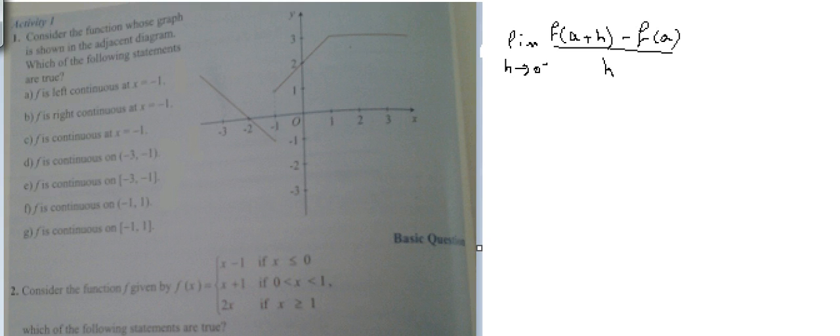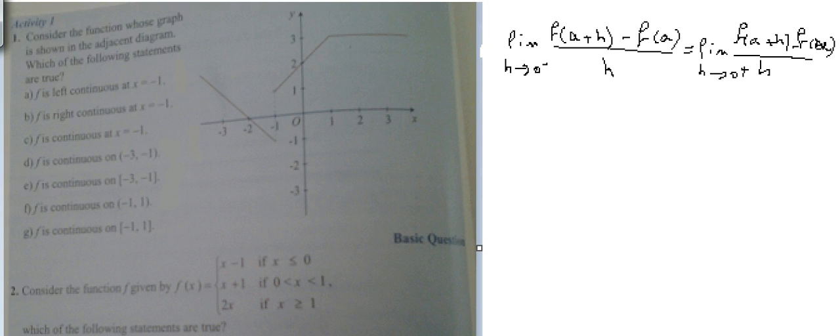This means a minus. It should be equal to the limit of the same thing, f of a plus h minus f of a over h, as h tends to 0 plus. This is the definition of differentiability. Means as x tends to a minus and as x tends to a plus.